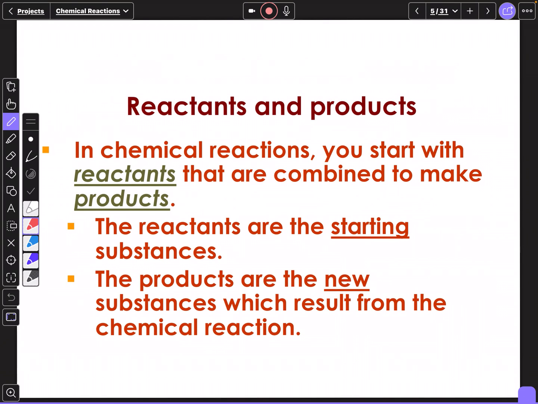So reactants and products: in chemical reactions, you start with reactants that are combined to make products. Your reactants are your starting substances, and the products are the new substances that are produced. Your reactants are always going to be on the left side of the arrow, and your products are always going to be on the right side.